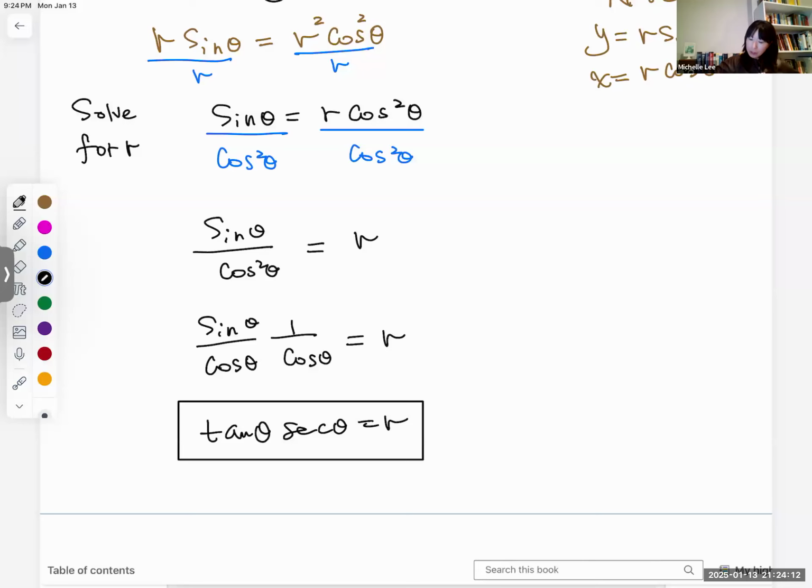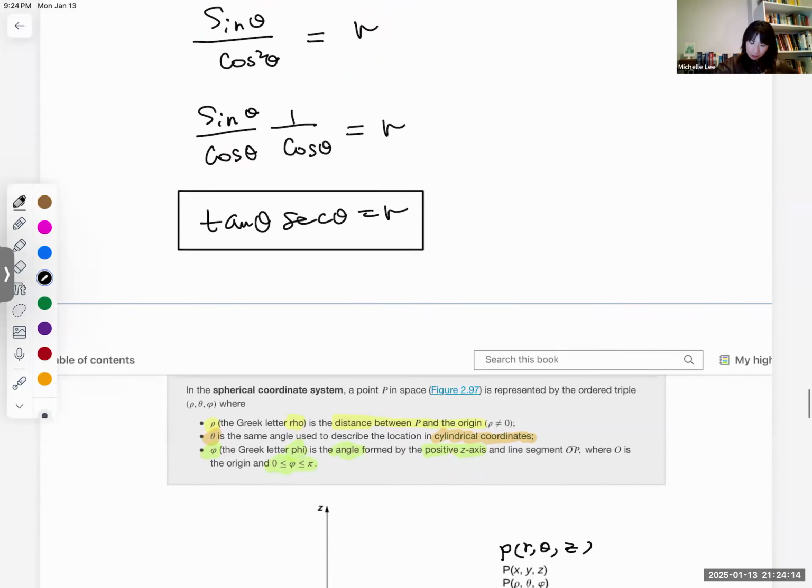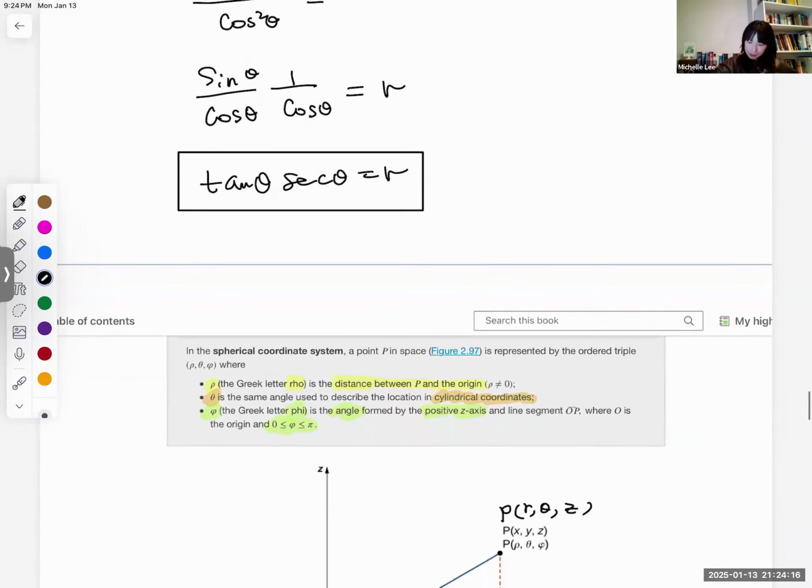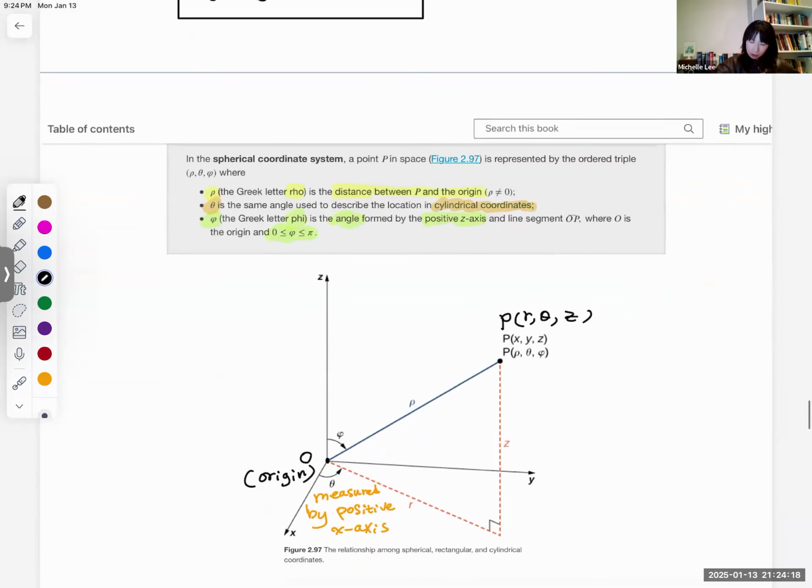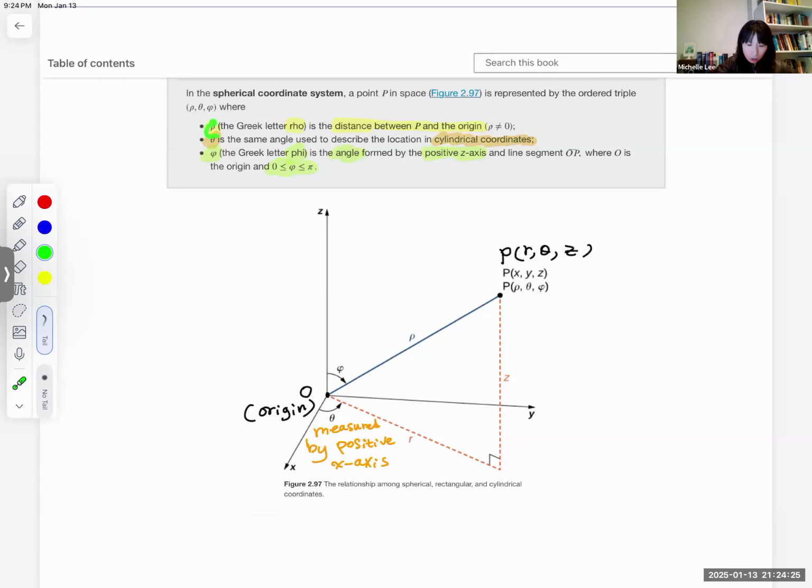Okay. Now, finally, we have the spherical coordinate system. So let's talk about that. We are using the Greek letter rho.